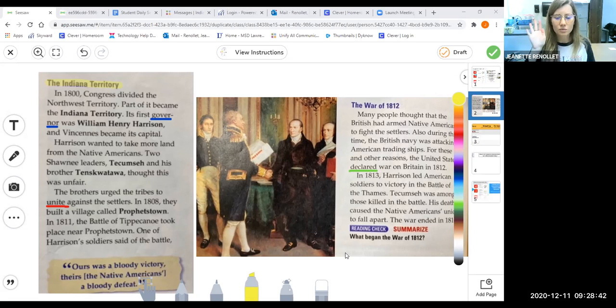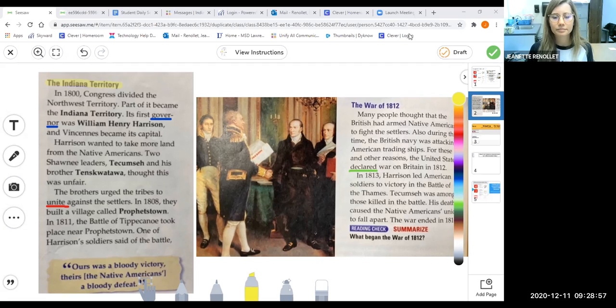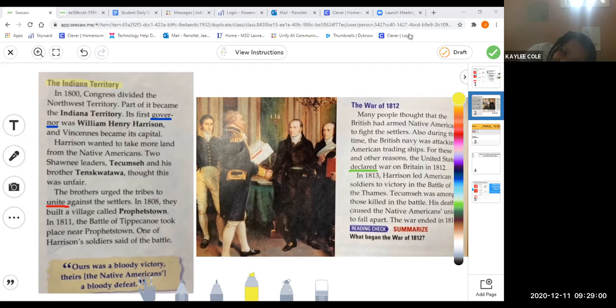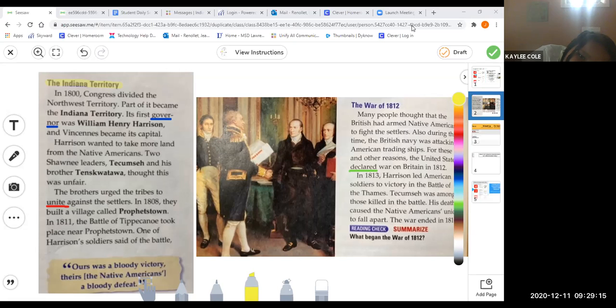I already see one friend who's ready to teach the class. That's awesome. Kaylee Cole, go ahead. In the 1880s, Congress divided the Northwest Territory, but it combined the land territories.